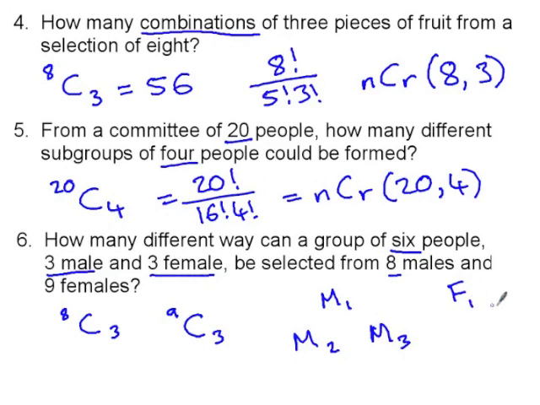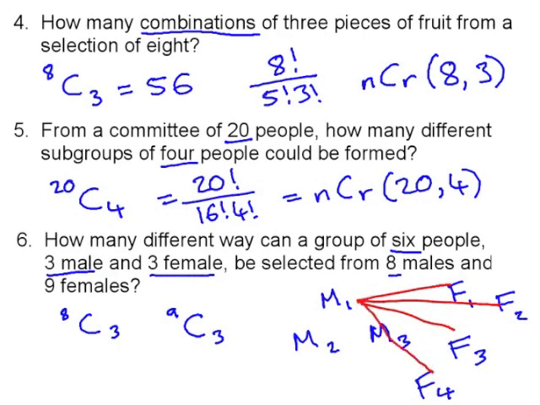I've got my groups of females, etc. And I need to be able to combine each group of males with any possible group of females. So for every group of males I would have a certain number of groups of females, and I could combine any of them together. So mathematically what I'm doing is multiplying the 8 choose 3 by the 9 choose 3.